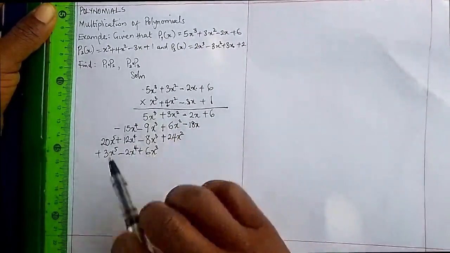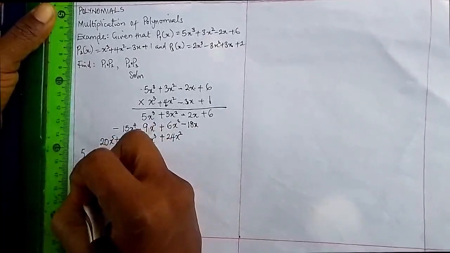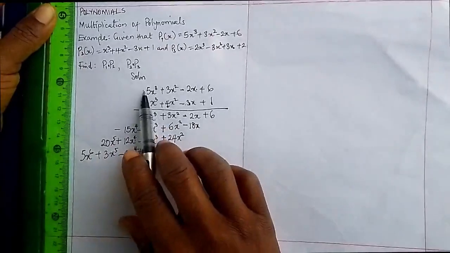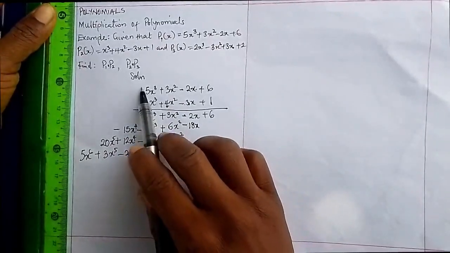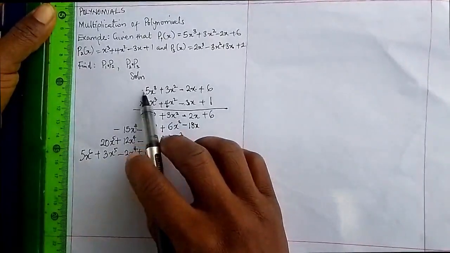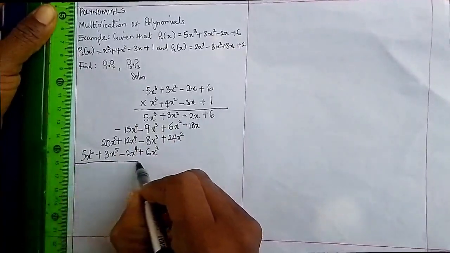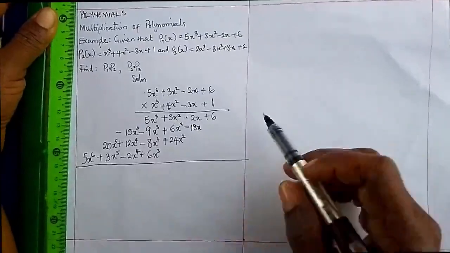Then x cube multiplied by 5 will give us 5x raised to the power of 6. If you notice, this one is positive 5, and this one is also positive, that's why I did not multiply them. Positive, positive, it will still give you positive. And whether I put the sign or not, we are aware that without a sign it is a plus number. Okay, we are done using all of them.